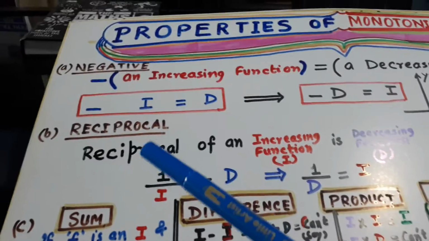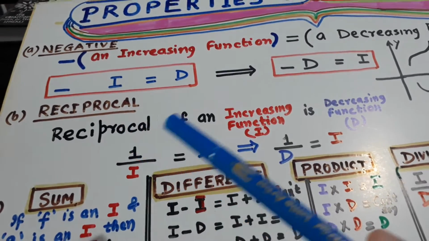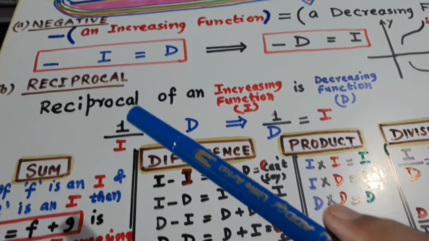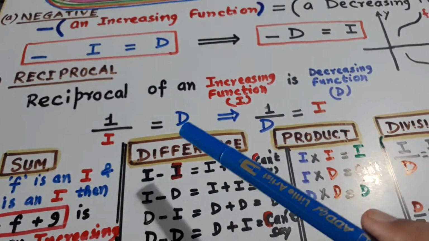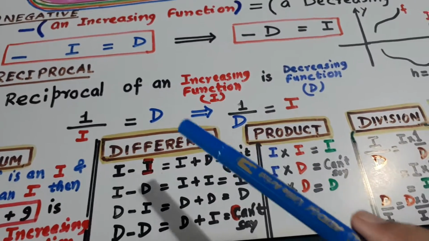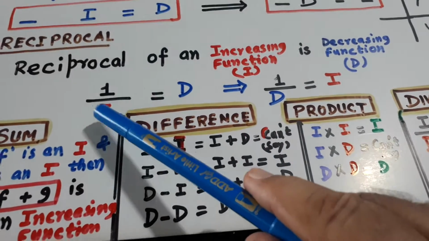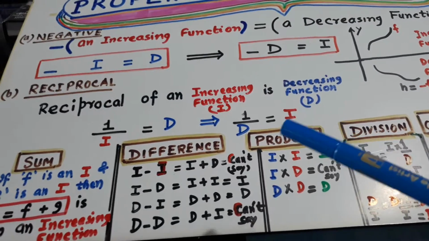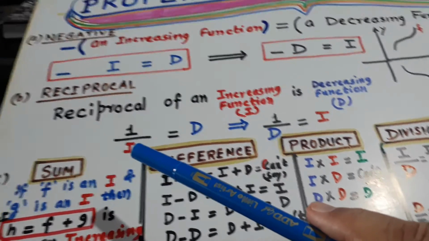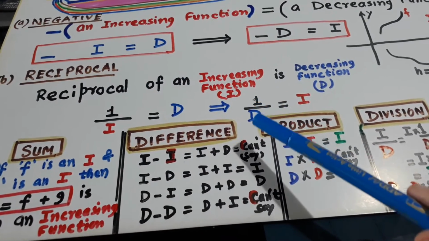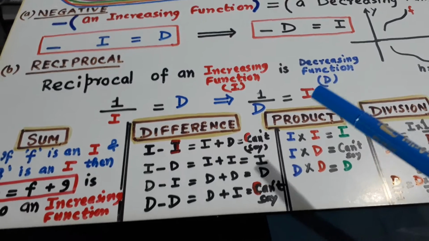Property number two: reciprocal of an increasing function is decreasing. 1 over I is equal to D. It implies 1 over D is equal to I. Reciprocal of increasing is decreasing, reciprocal of decreasing is increasing.